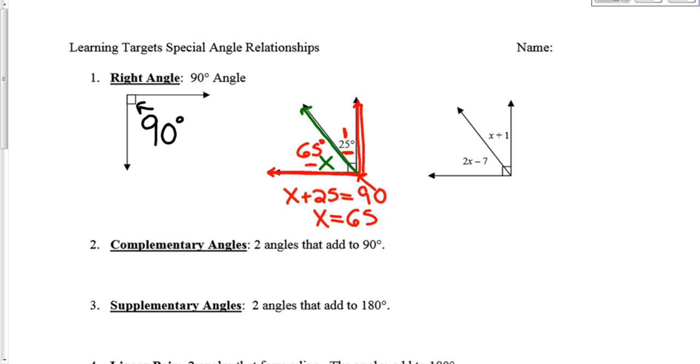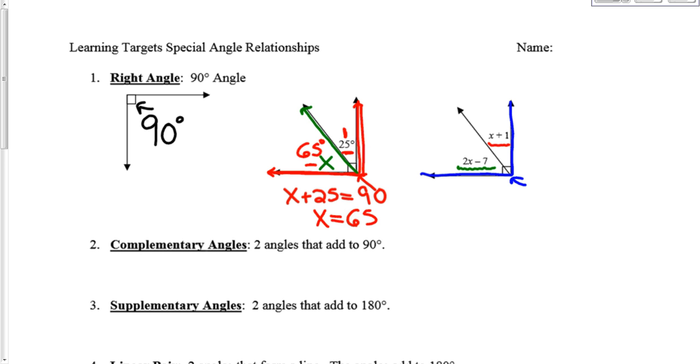All right, let's take this one step further. Please take a look at the next diagram. If you notice, we don't know any angle measures, but we are given some information. We know that the big angle adds up to 90 degrees because we see the symbol. We do know that this angle right here is 2x minus 7. And we know that this angle right here is x plus 1.